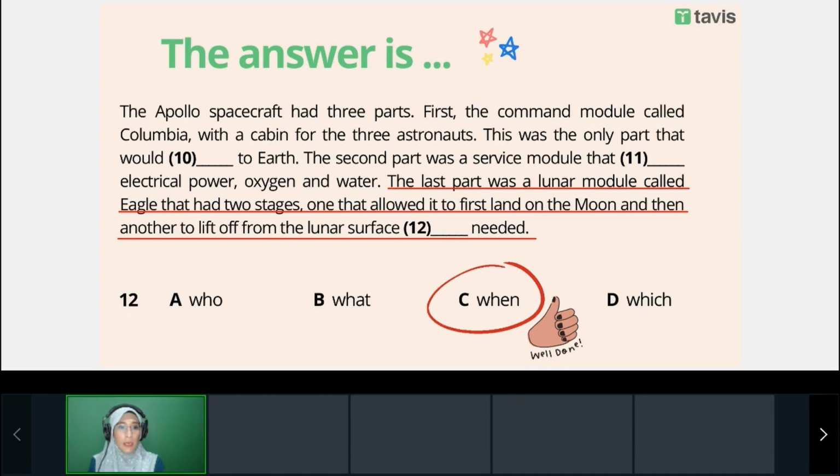The answer would be C, where you need to mention when needed. We don't really say which needed or what needed or who needed. Who is for a person, what is for something, and which is for an option. This is considered for the time that is needed, so you can assume it that way.